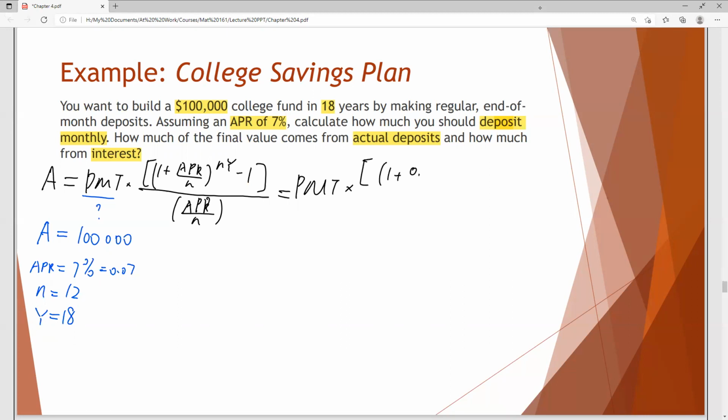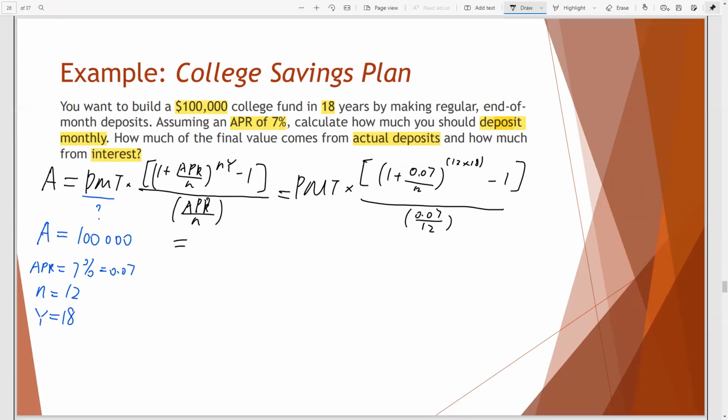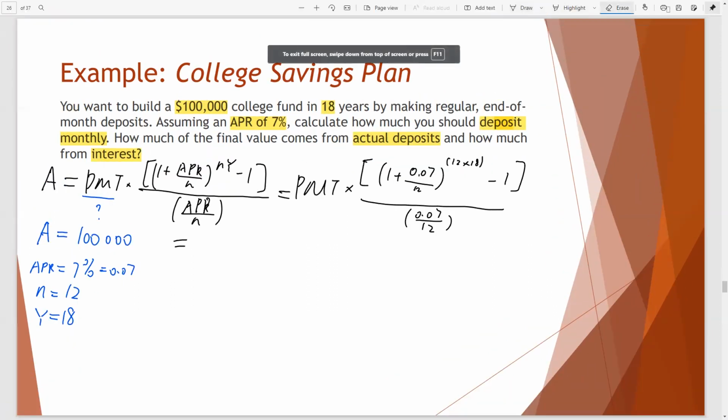So in this one, a little different, but all the same. 1 plus 0.07 divided by 12, to the n times y, that's 12 times 18, minus 1, divided by 0.07 divided by 12. I'll just erase one to make it a little lower.